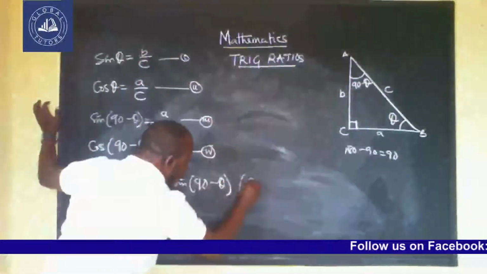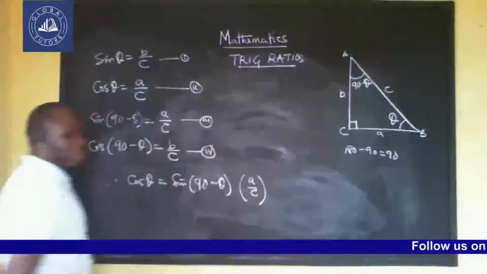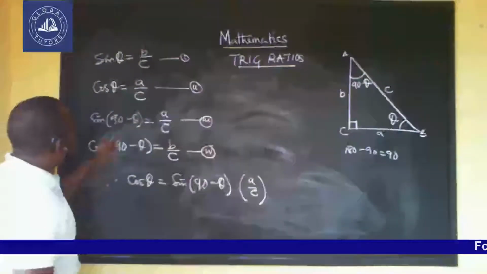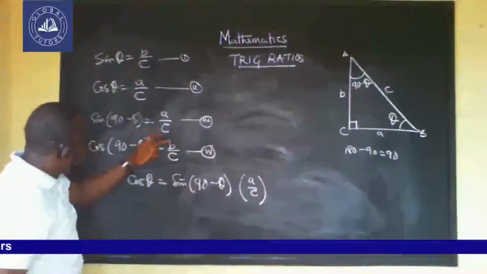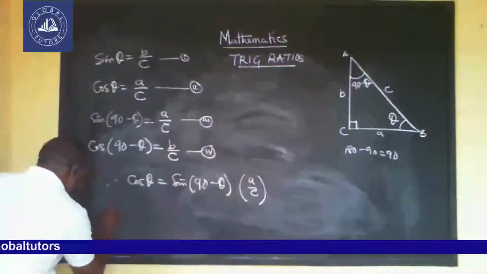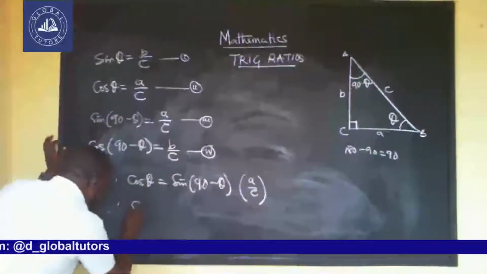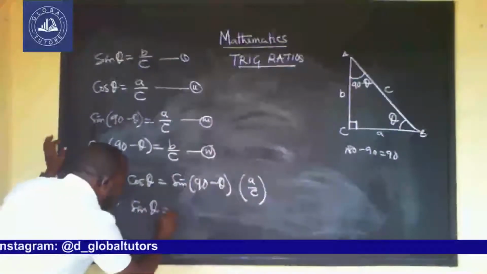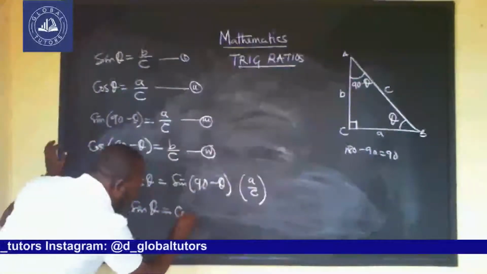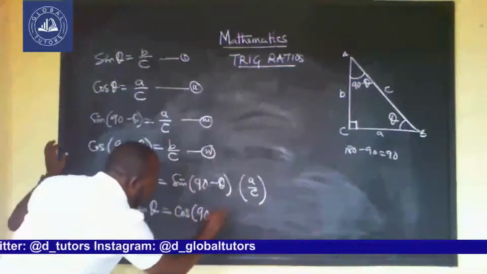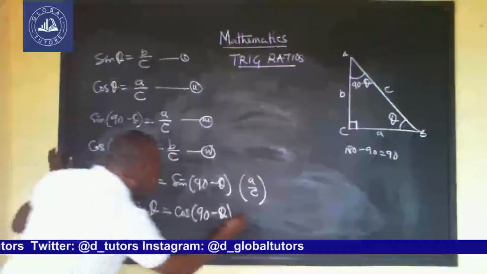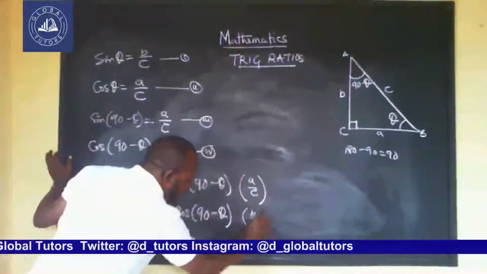Why is it so? A over C by ratio. Look at it. B over C. B over C. So by ratio, I can conclude that what? Sine theta is the same thing as cos 90 minus theta. Why is it so? B over C.